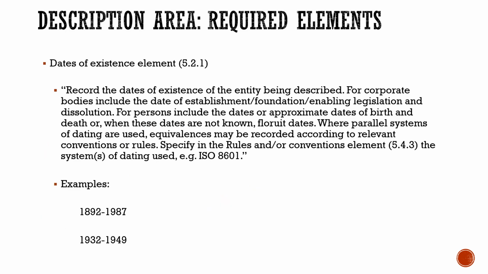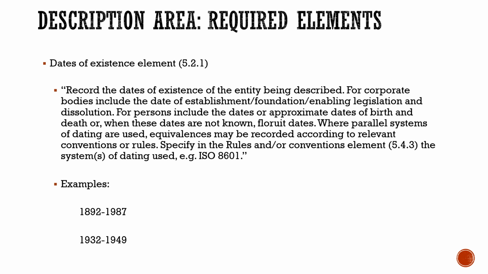The third obligatory element is dates of existence, which is found in the description area. The rule in ISAAR-CPF is: record the dates of existence of the entity being described. For corporate bodies, include the date of establishment, foundation, enabling legislation, and dissolution. For persons, include the dates or approximate dates of birth and death, or, when these dates are not known, include the dates for the period in which the person was known to be active.